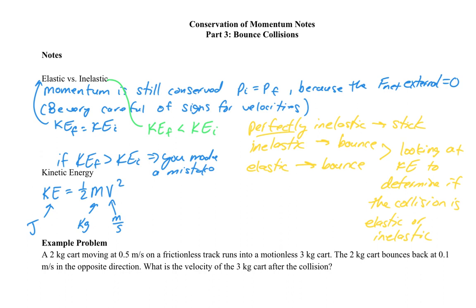Now, the other thing that people sometimes make a mistake with is that they try and lump things together. So you can't just say, oh, well, I've got to find the total kinetic energy for the system. You can't say, well, kinetic energy is just 1/2 the total mass times the velocity total. That's not going to work. You have to look at each individual object.